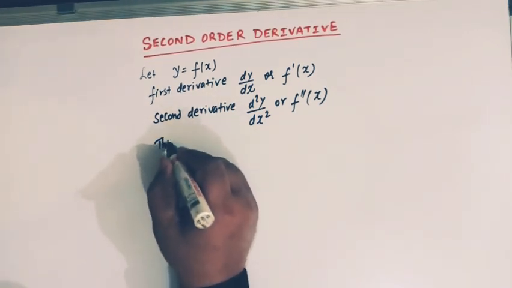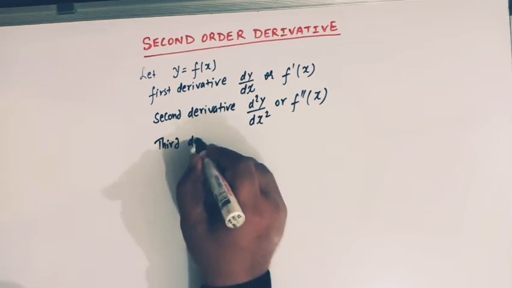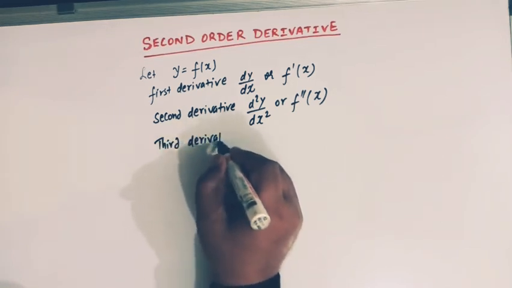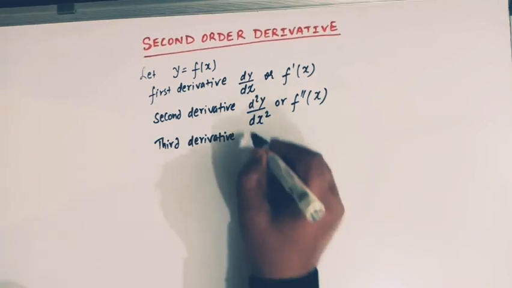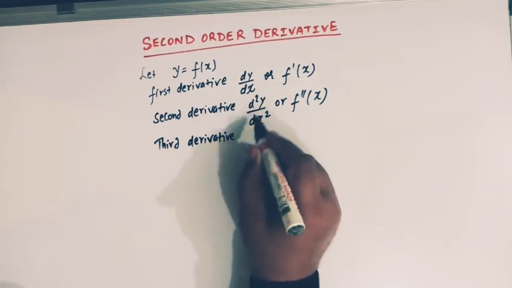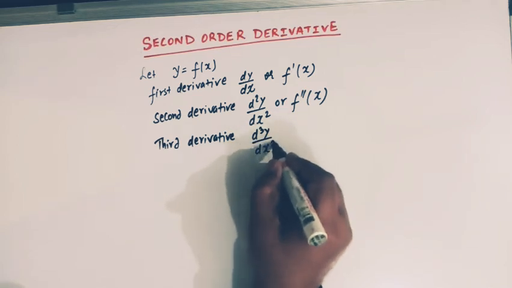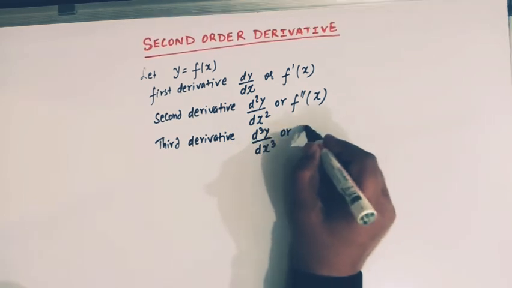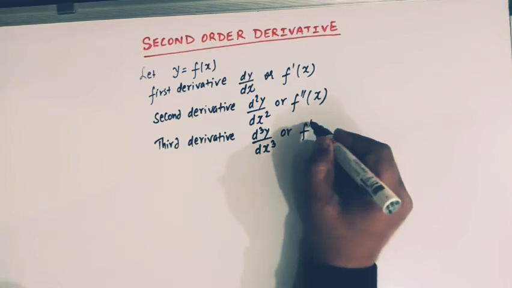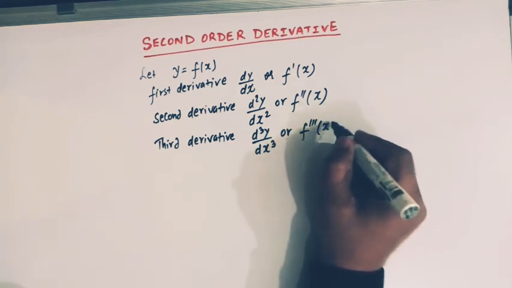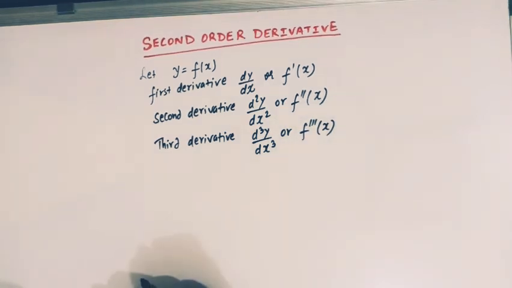Suppose we want to find the third derivative, then the third derivative is denoted by d³y/dx³, or we can denote it by f''', triple prime.